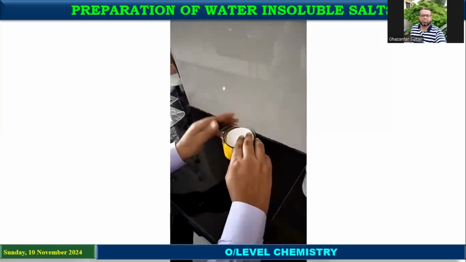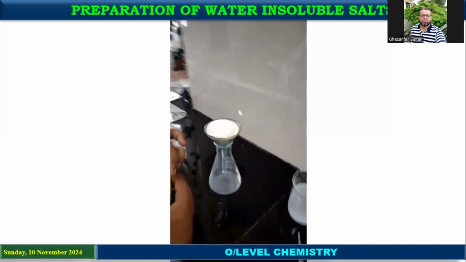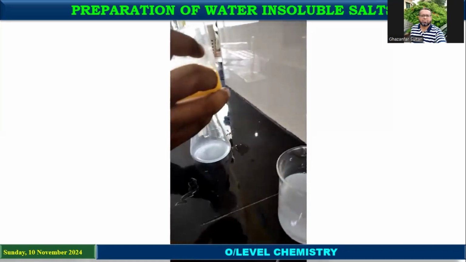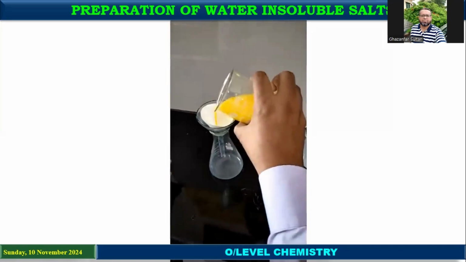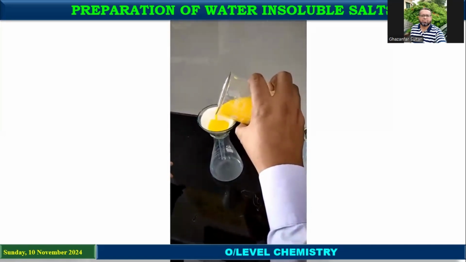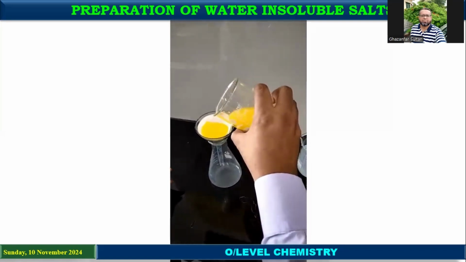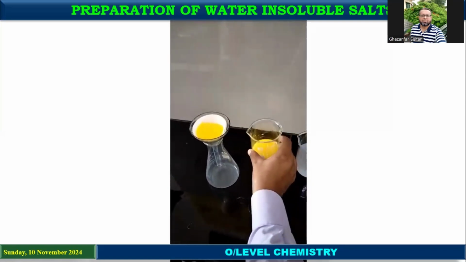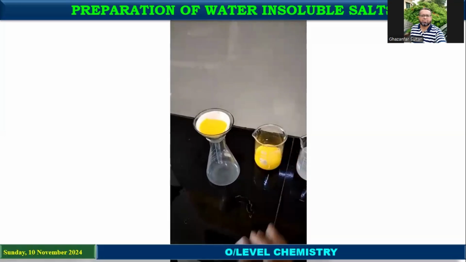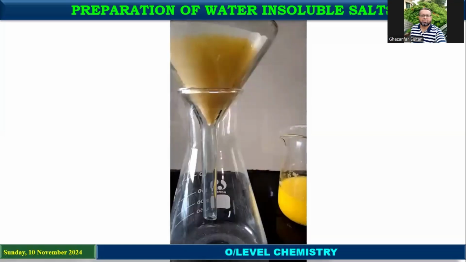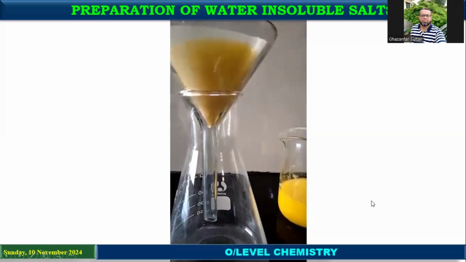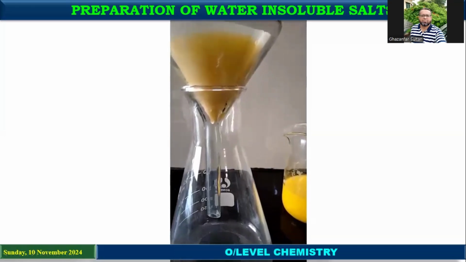We put it there. And after pouring, we can separate these yellow precipitates. It takes a little time to go down. And see, the transparent solution is coming. Yellow precipitates remain over there. This is the beauty of filtration.